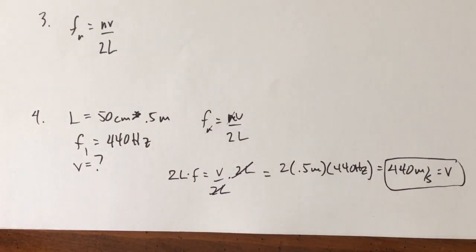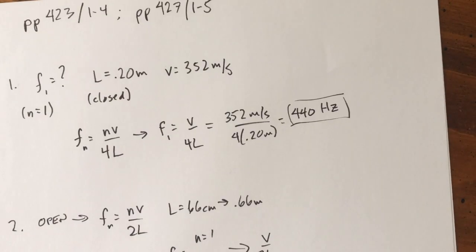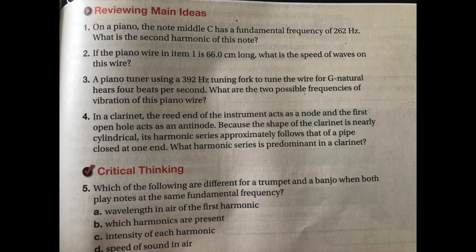All right, let's take a look at page 427. The first questions, 1 through 5. Again, I'm not going to do every one here, but number 1, it says, on a piano, the note middle C has a fundamental frequency of 262 hertz. What is the second harmonic?